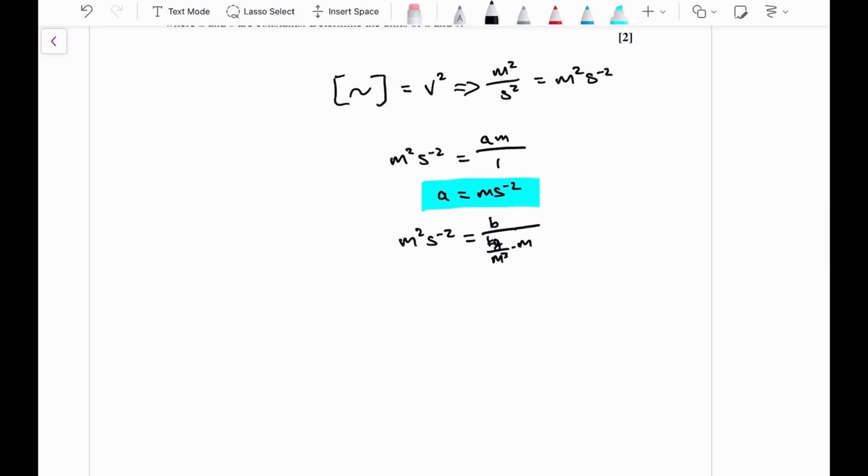So b will be equal to m squared s^-2 times kg over m squared. So the units of b will be equal to kg s^-2. And this will be the answer to the question.